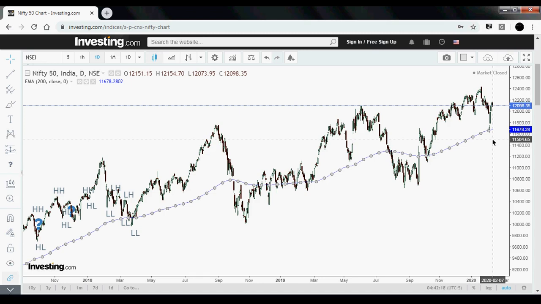Out of these 3, at least 2 should support. The price should be telling one thing, and that thing should be supported either by volume or by momentum. When all 3 are telling the same thing, that is price, momentum, and volume, it is always better. Just with one indication from one of these, we should not trade.